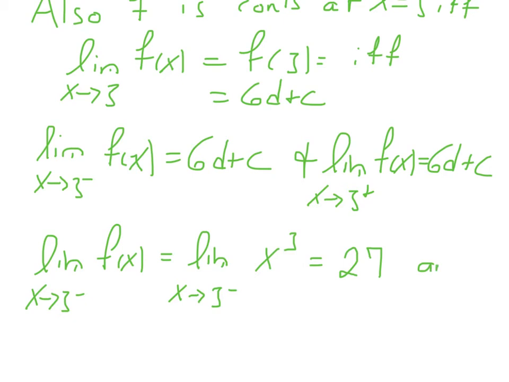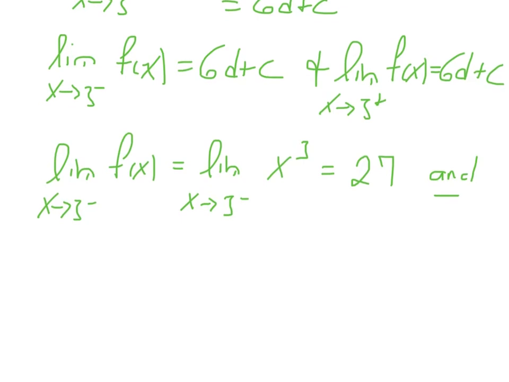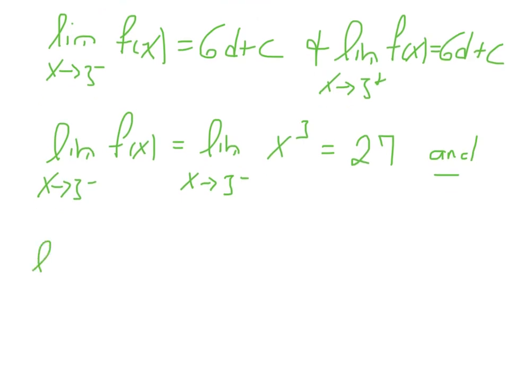And let's see about the right hand limit. The right hand limit of f of x as x tends to 3 is equal to the right hand limit of, well, what does f of x look like for x bigger than 3? If we were to go up to the top, we'd see that for x bigger than 3, f of x looks like 2dx plus c.